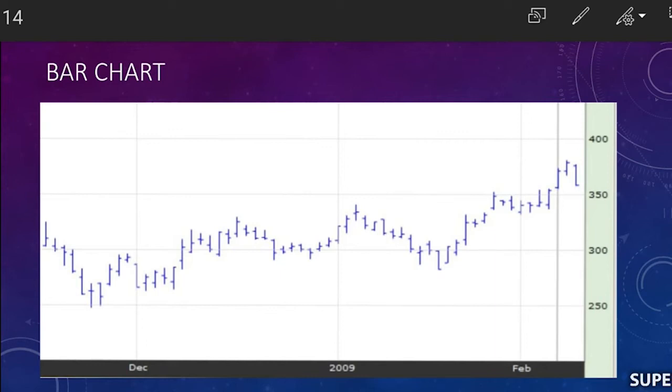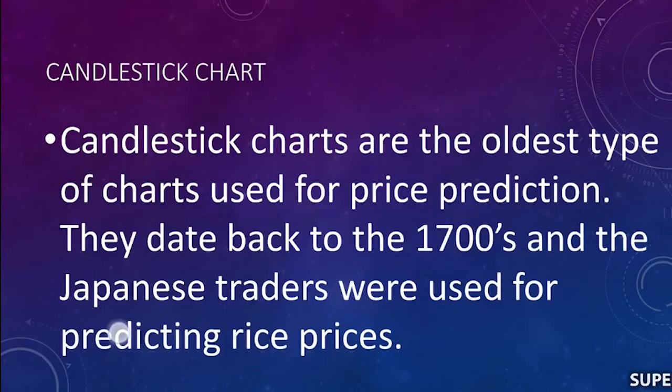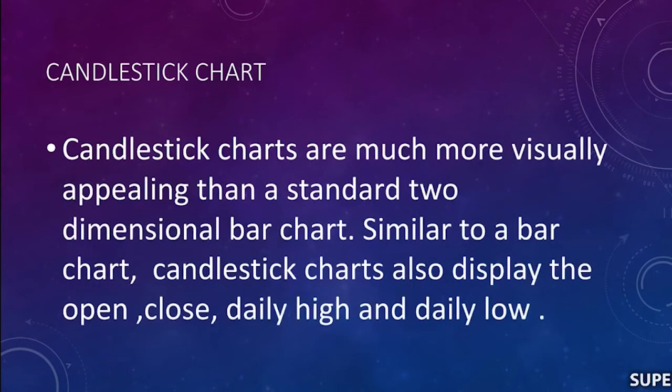Okay, and the next chart is the candlestick chart. Candlestick charts are the oldest type of charts used for price prediction. They date back to the 1700s, when Japanese traders used candlestick charts for predicting rice prices. Candlestick charts are much more visually appealing than a standard two-dimensional bar chart, but both give an idea to identify the closing price, opening price, daily high price and low price.